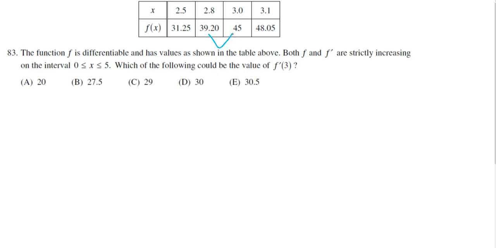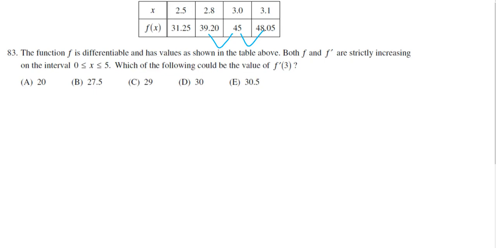So what I can do is find the slope between 2.8 and 3, which is going to be a little bit less than the derivative at 3. And I can find the slope between x equals 3 and x equals 3.1, which is going to be just a little bit larger than f prime at 3, the slope of the tangent line right at 3. Okay, and then I hope that just one of the options they give me is between those.